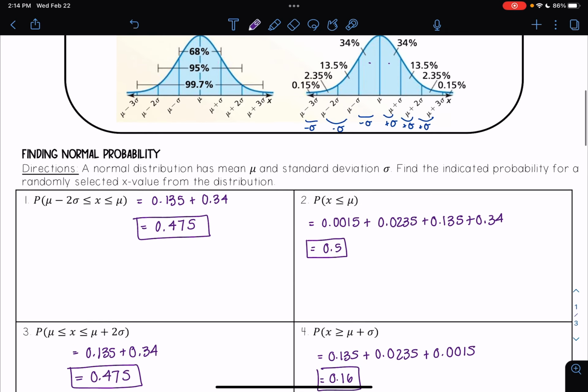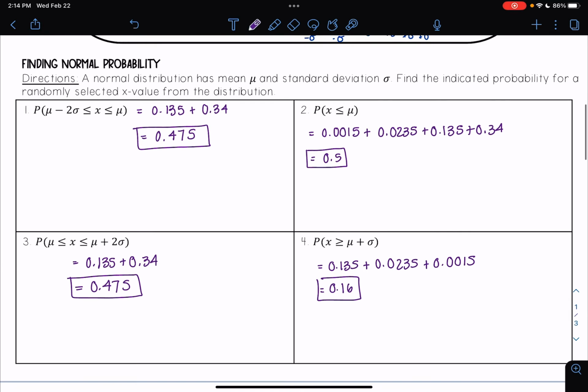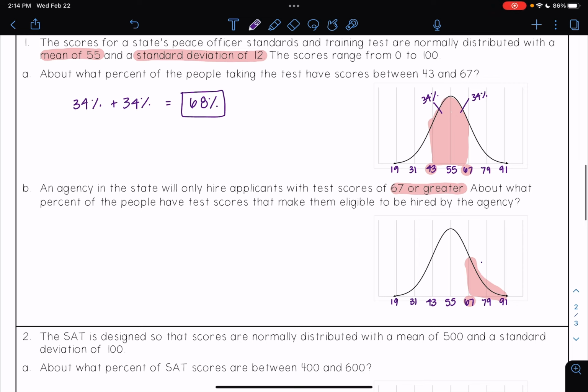Looking up here, that corresponds to the 13.5%, 2.35%, and 0.15%. So if I add all those up, 13.5% plus 2.35% plus 0.15%, I get that this comes out to be 16%.